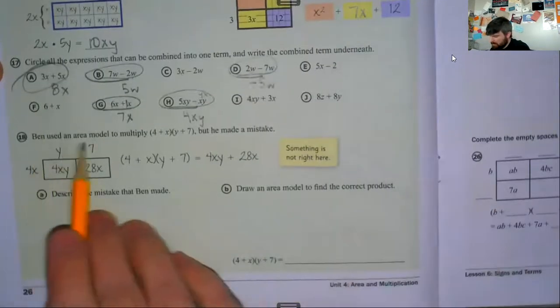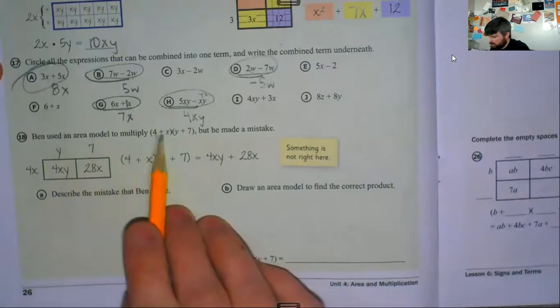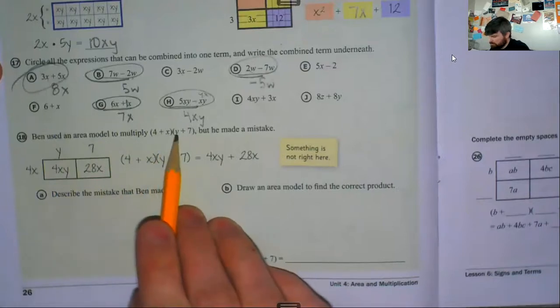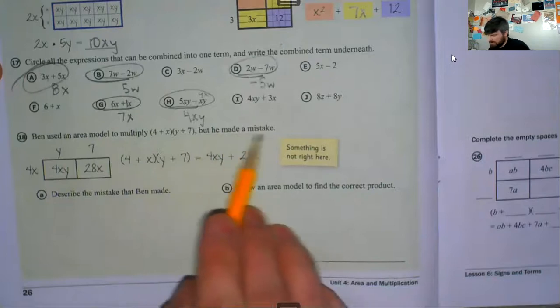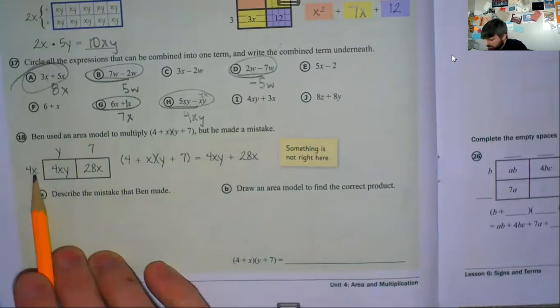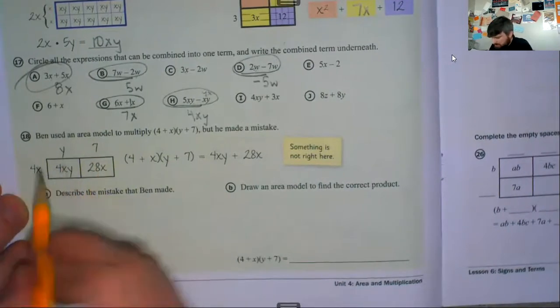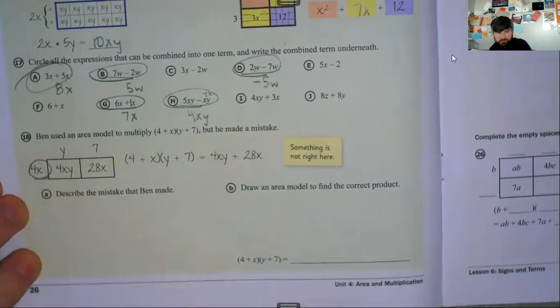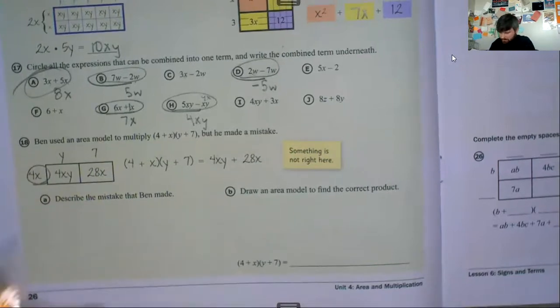Ben used an area model to multiply 4 plus x times y plus 7, but he made a mistake. Okay, let's see here. He did 4x right here, and then 7. So it looks like he had the multiplication instead of the addition.